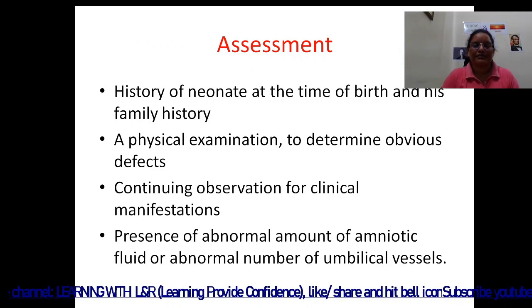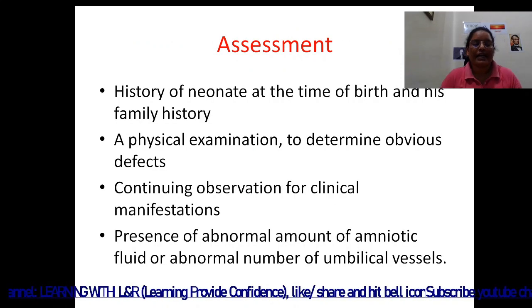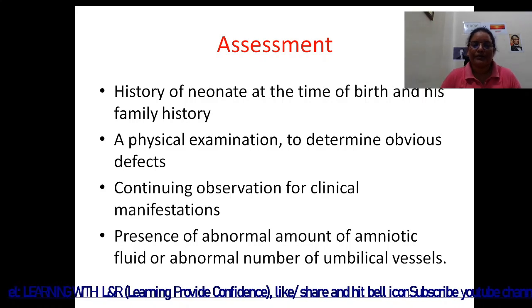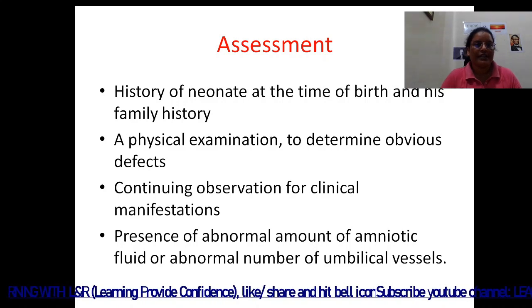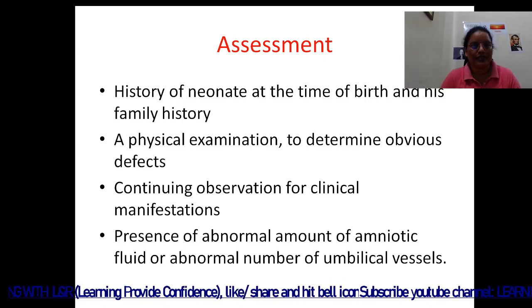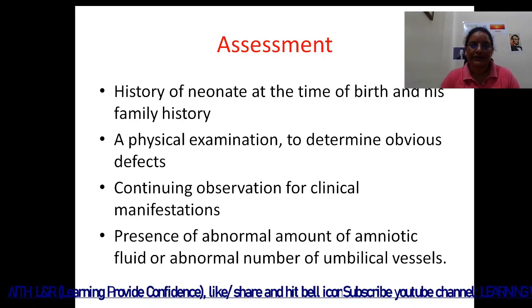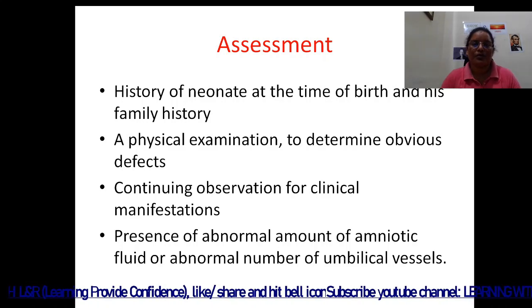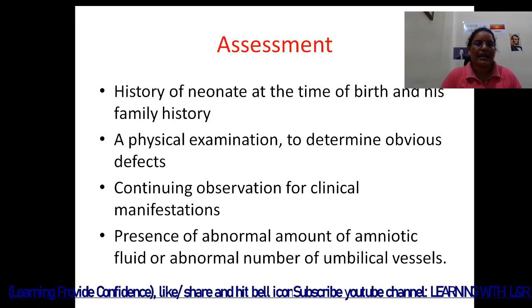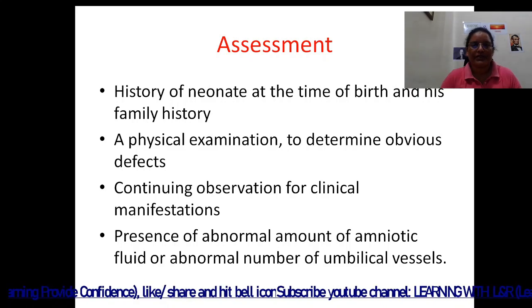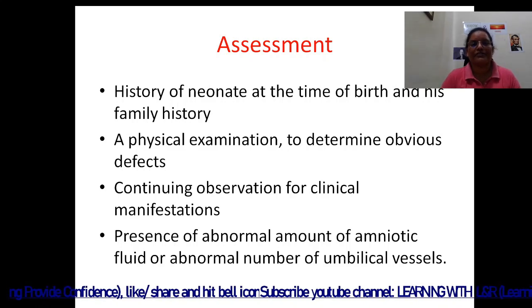Then assessment. What kind of assessment do we do to know about a child suffering from obstructive uropathy? There is the history of the neonate at the time of birth and the family history, whether any kind of kidney problem runs in the family, and physical examination to determine obvious defects.